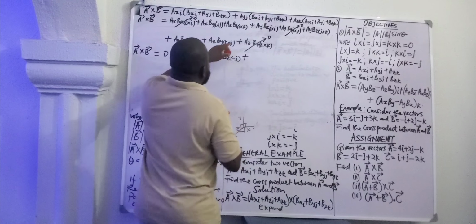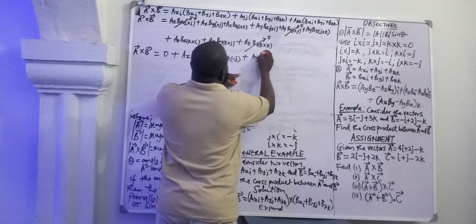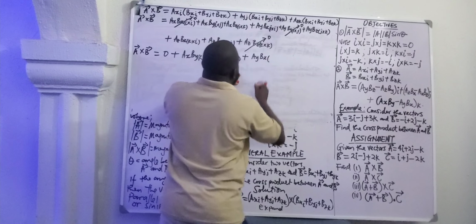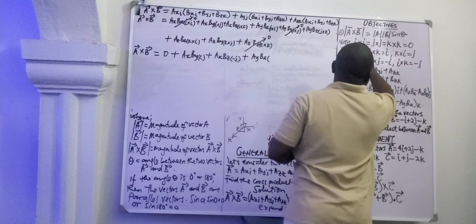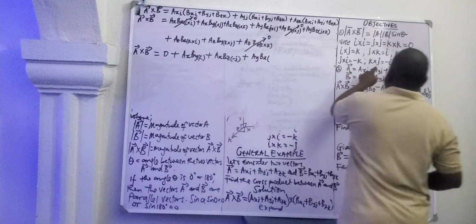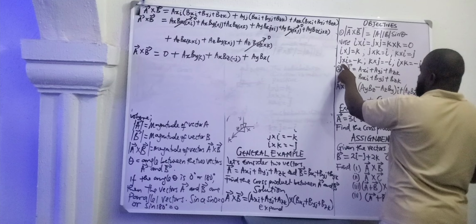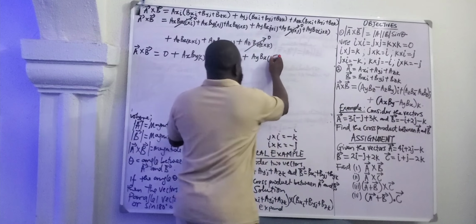Plus I have AY BX j cross i. Check for my j cross i. J cross i is minus k. So I put minus k there.